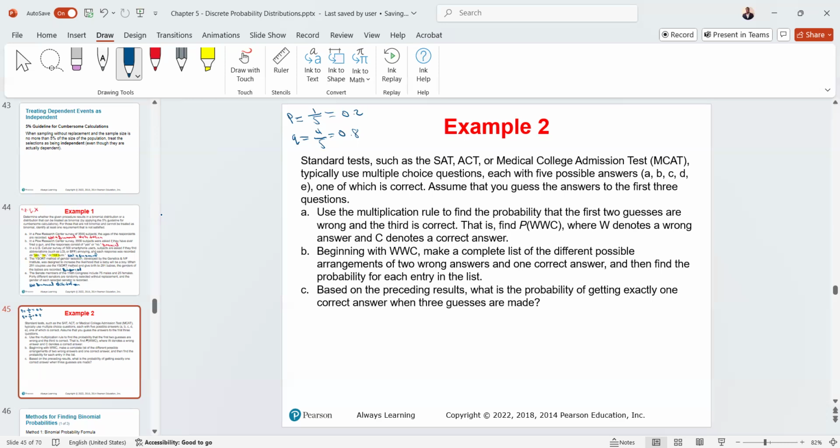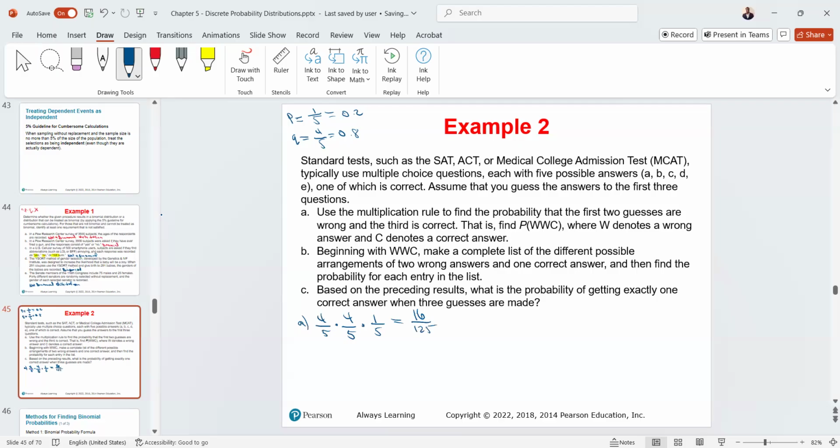we need to find the probability. They said use the multiplication rule to find the probability that the first 2 guesses are wrong and the third one is correct. So if the first answer is wrong, the second answer is wrong, but the third one is right, for us it's like we have 16 out of 125.